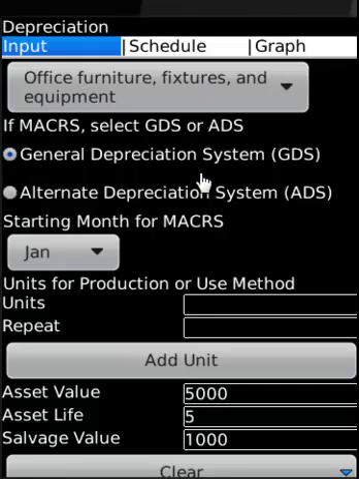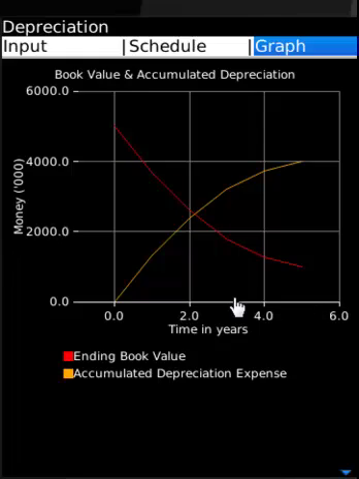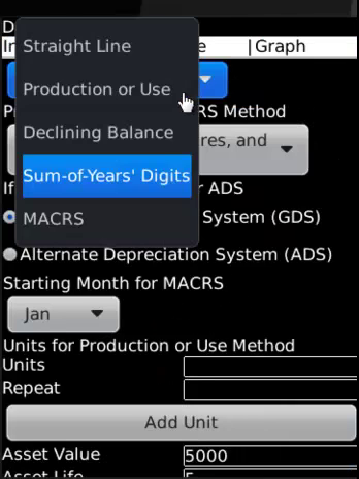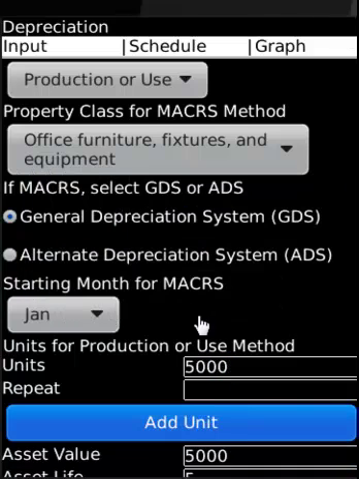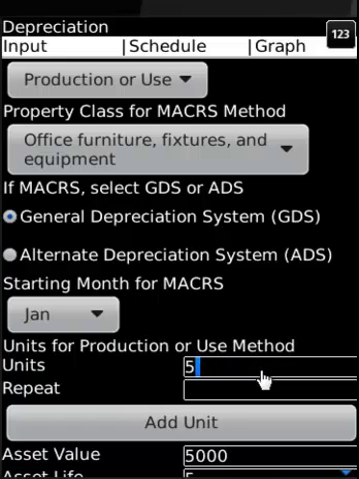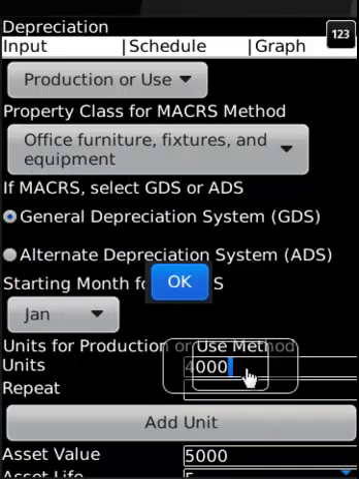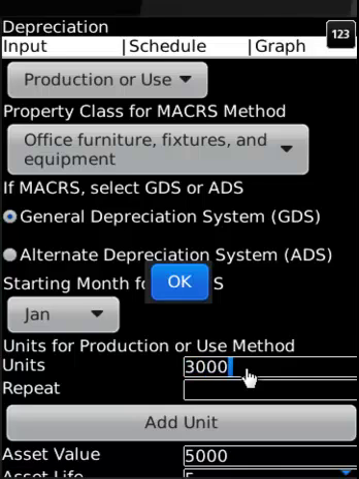Now let us consider the production or use method. Here, basically we're going to add the production units, say 500, and we added first year, say 400, then 4,000 the second year, and say 3,000, and that repeats for the next 3 years.